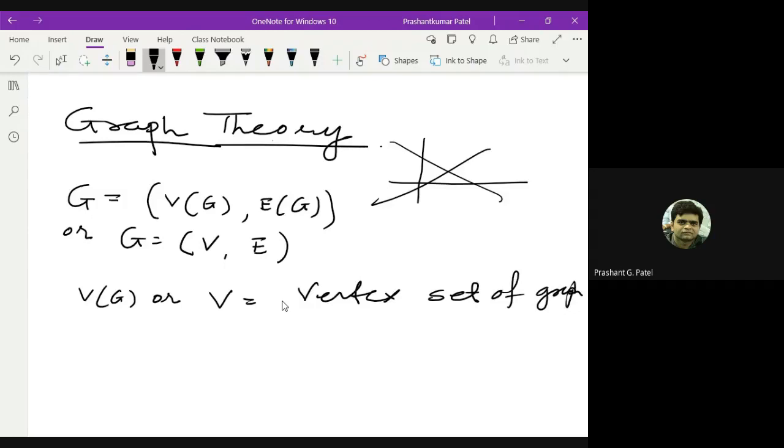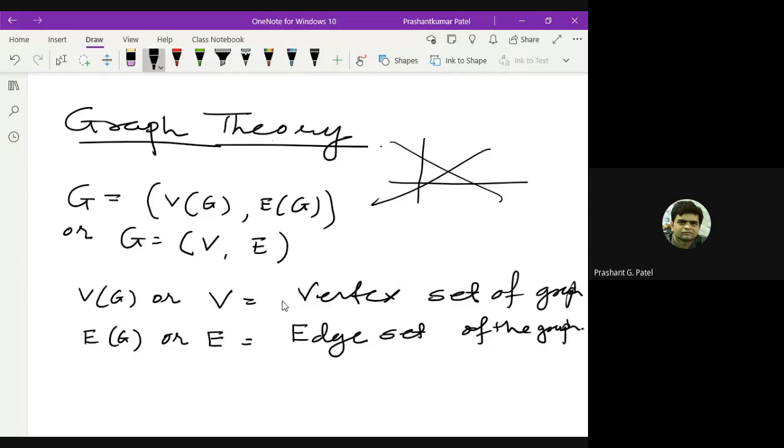And E of G, or just E, is called an edge set of the graph, which is a possibly empty set of elements. So V is a non-empty set.